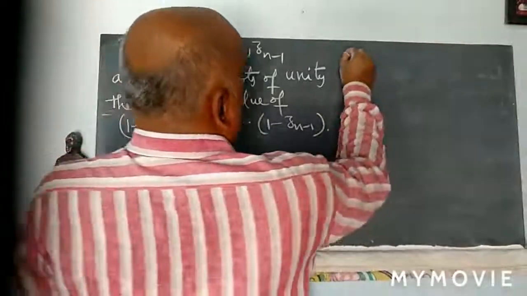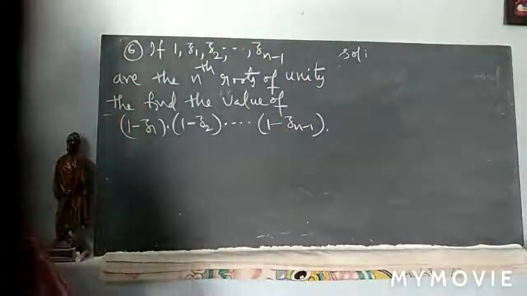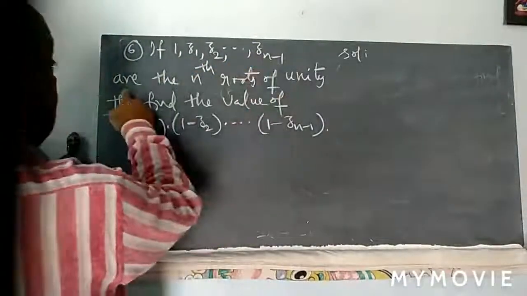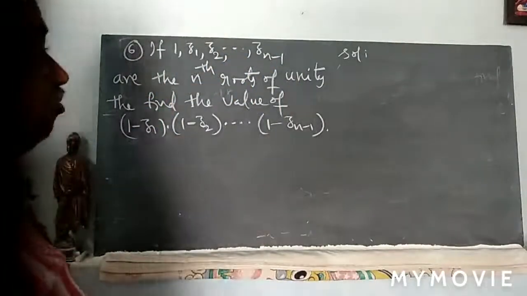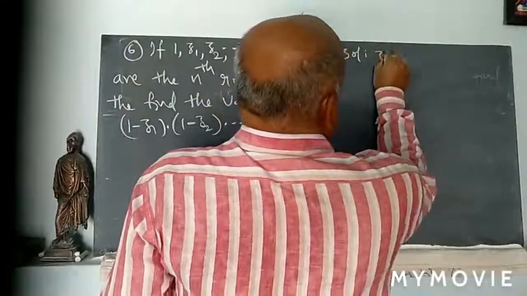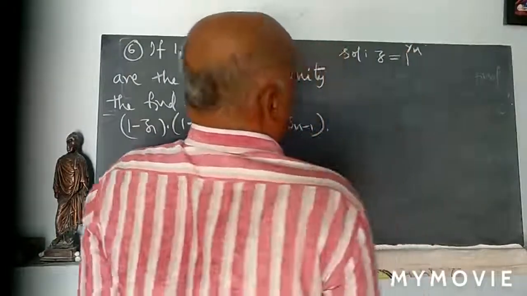Solution. 1, z1, z2, up to z(n minus 1) are the nth roots of unity, it is given. So z is equal to 1 to the power of 1 by n.